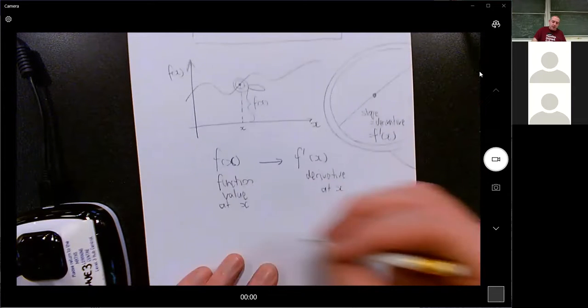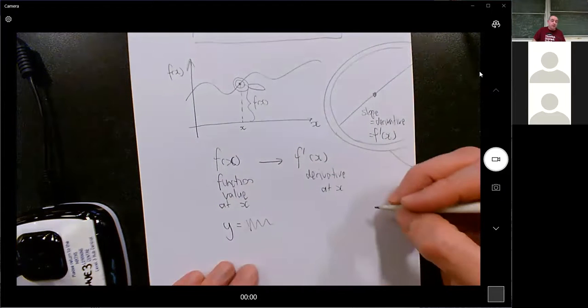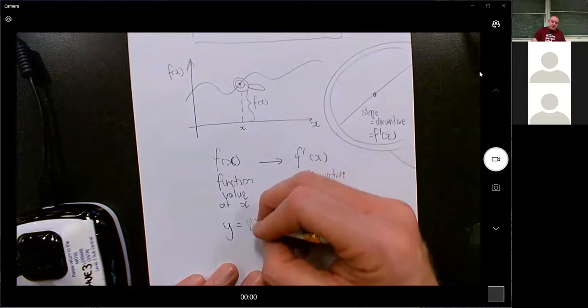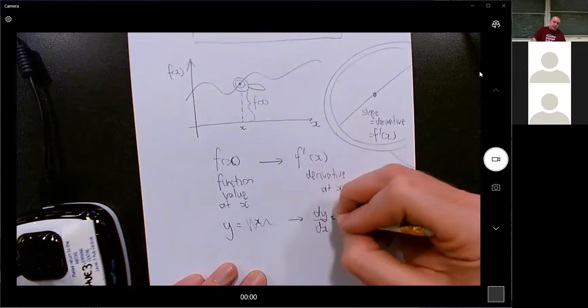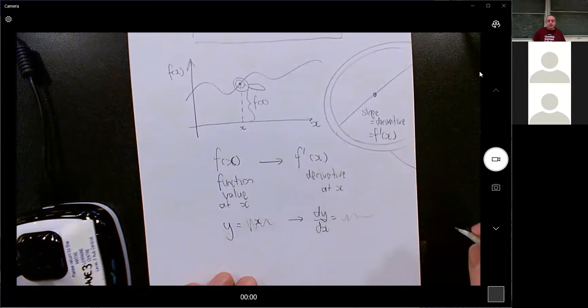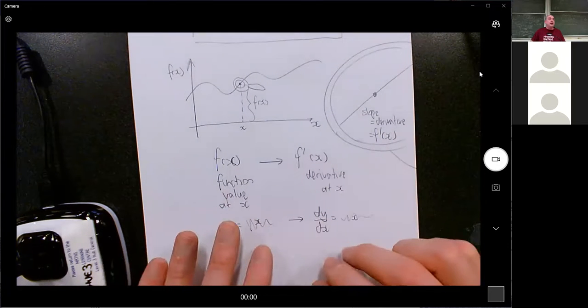But I could also write y equals some formula involving x, and then I could write dy on dx equals whatever it is, something different to that usually. And these are both trying to say the same information.